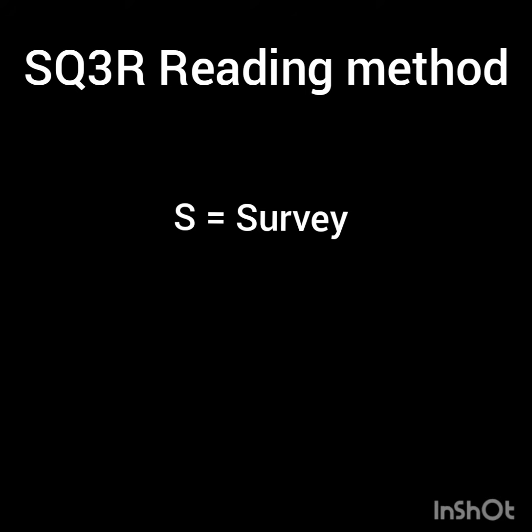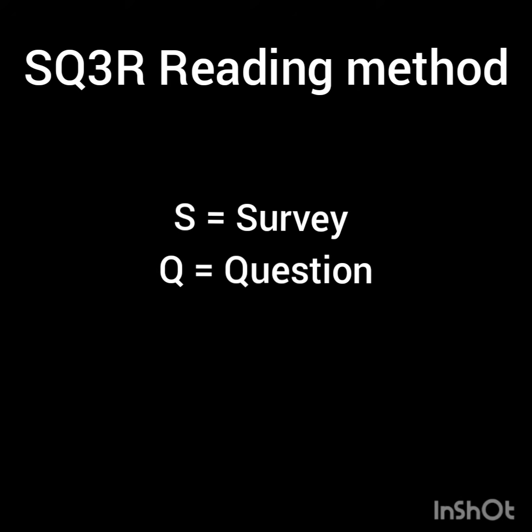The second abbreviation is question. This is where you take each heading, each title, or each chapter and you turn it into a question. And these are the questions that you are going now to use to answer some of the issues that you will raise as you read the text.